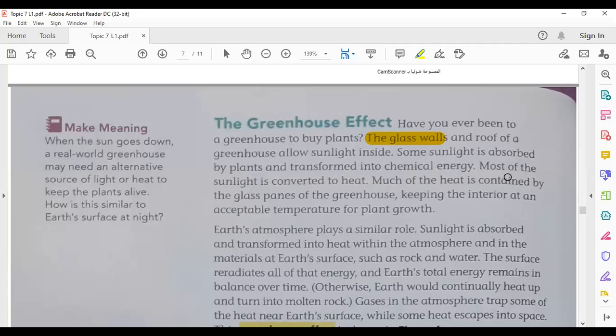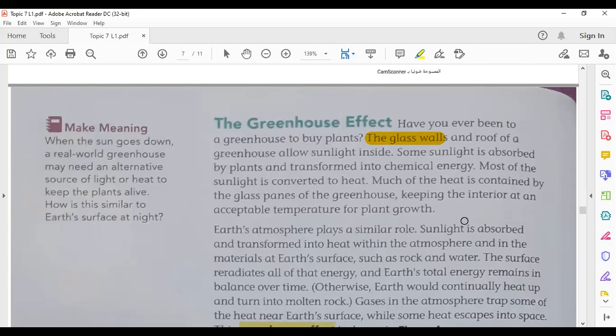Most of the sunlight is converted to heat. So if you go inside the greenhouse, you can find that it is warm. Much of the heat is contained by the glass panes of the greenhouse, keeping the inside at an acceptable temperature for plant growth.